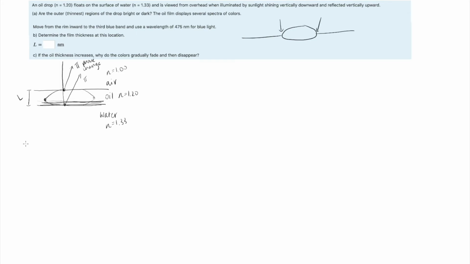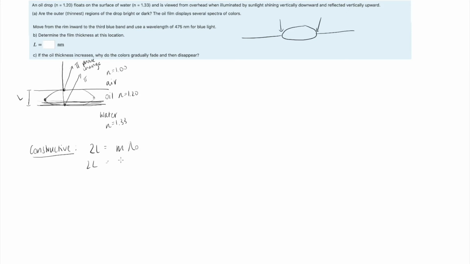Let's have a look at our conditions for constructive and destructive interference in these instances. Okay, so for constructive interference, remember we've got two phase changes. Therefore, the path difference, which is going to be 2L, we're going to have constructive interference when the path length difference is going to be some integer of the wavelength of light in the oil.